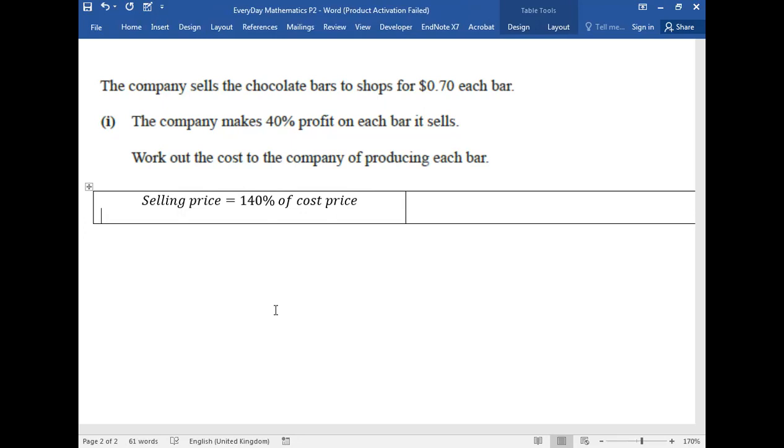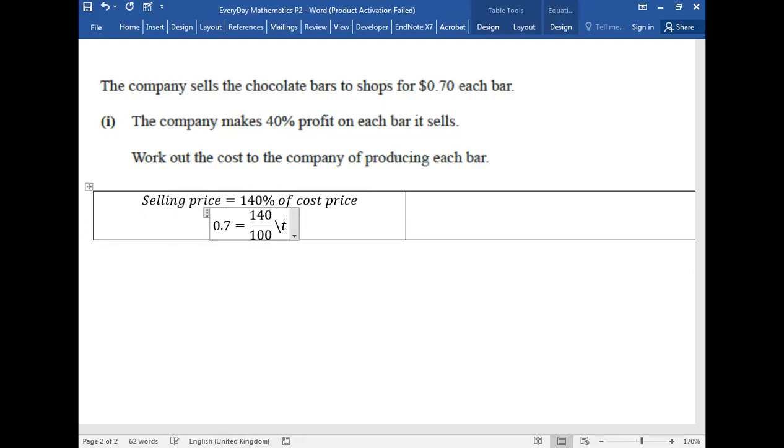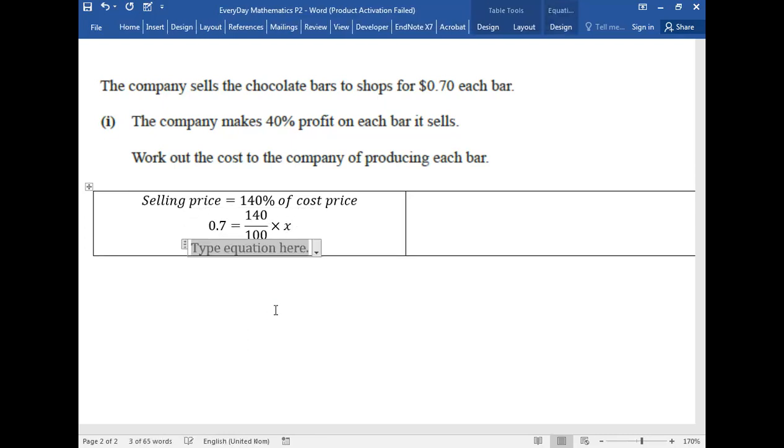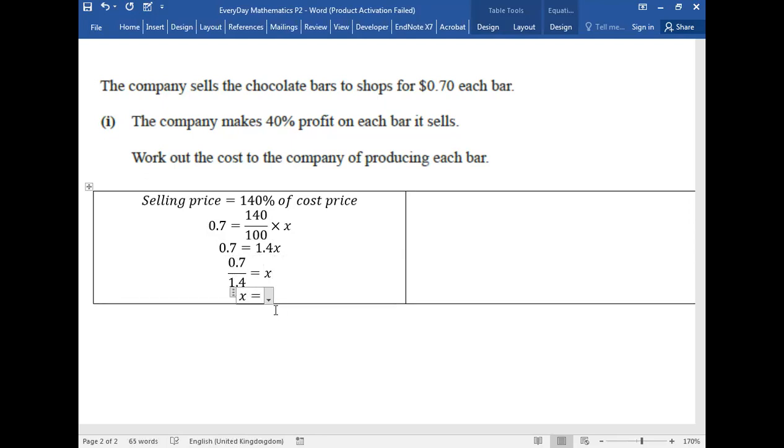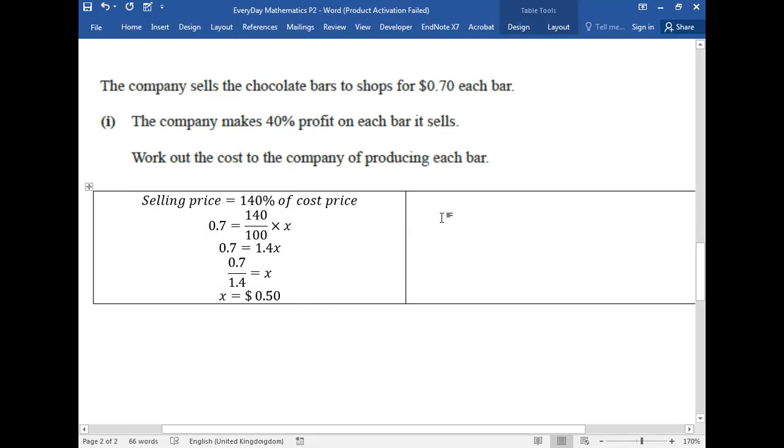So the selling price equals 140% of cost price. Which ones do I know? I know the selling price, 0.7. 140% is 140 upon 100. Cost price I do not know. 140 upon 100 is 1.4. 1.4 is multiplying, and it goes to the other side, it divides. Is this clear, class? That is $0.50. Is this clear?